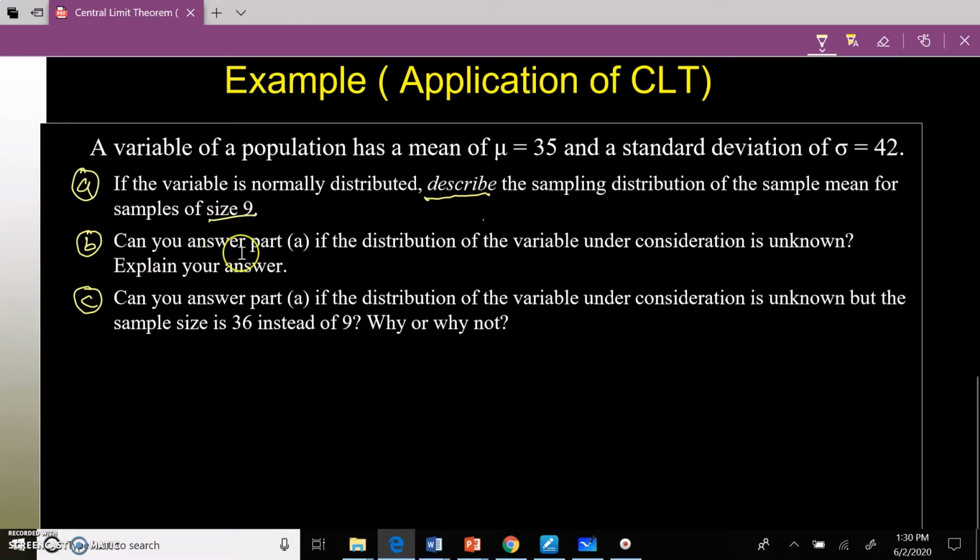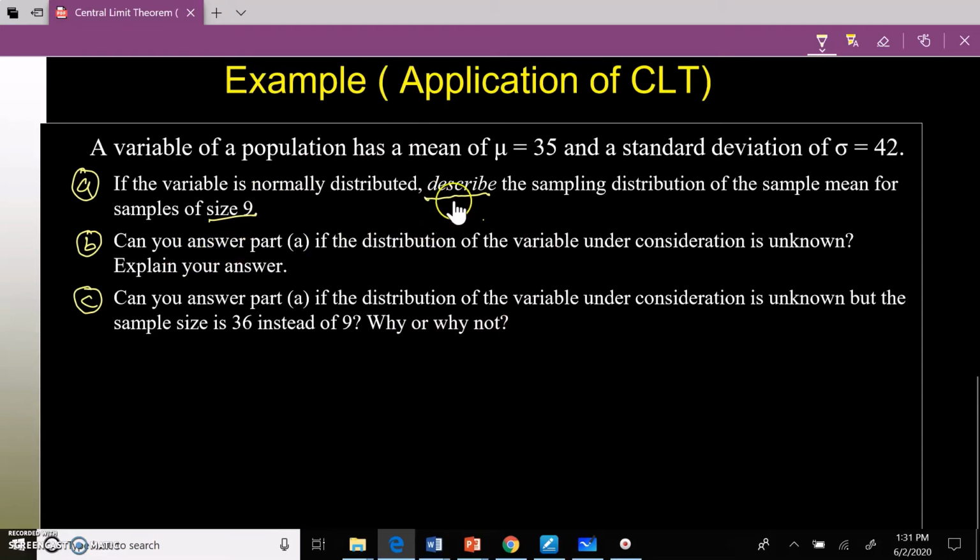Part B. Can you answer part A if the distribution of the variable under consideration is unknown? Part C. Can you answer part A if the distribution of the variable under consideration is unknown but the sample size is 36 instead of 9? Why or why not? We will see these parts one by one.